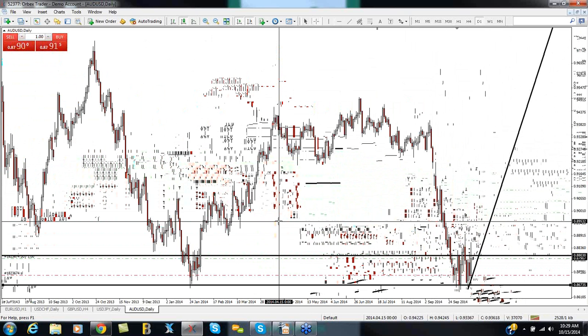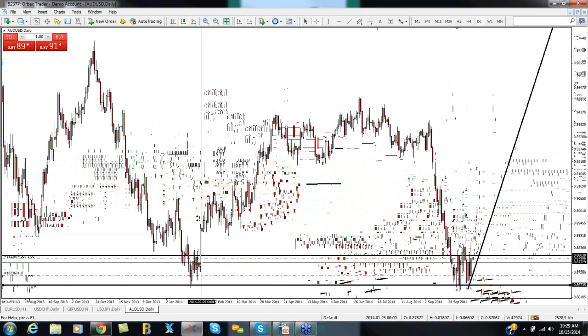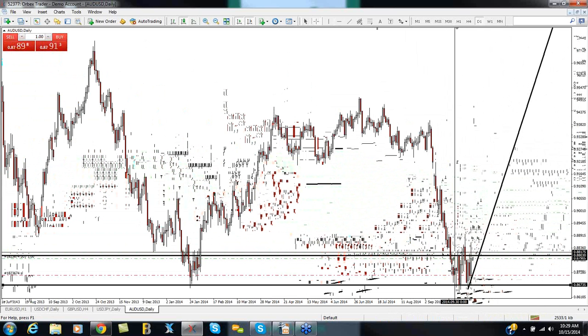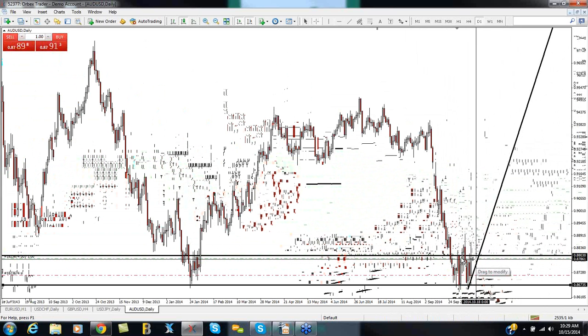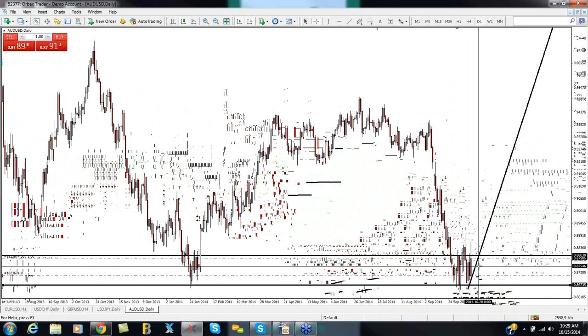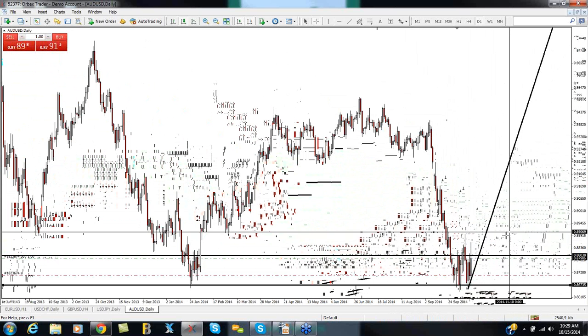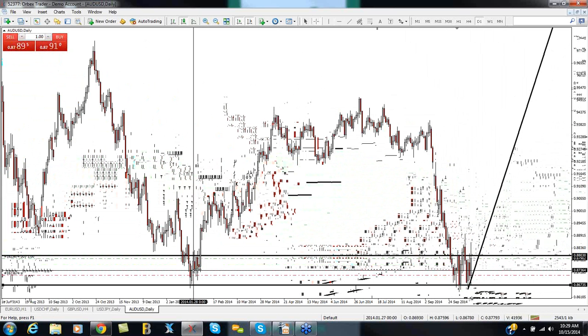Most people that analyze the market will only look at just this area here. If you're looking at a 1 minute chart, you're not going to see everything back here. You're only looking at this one wick, whereas my point of view here is I'm expecting a similar move to happen. Not exactly, but a similar reaction.